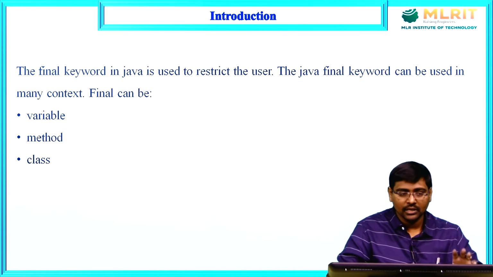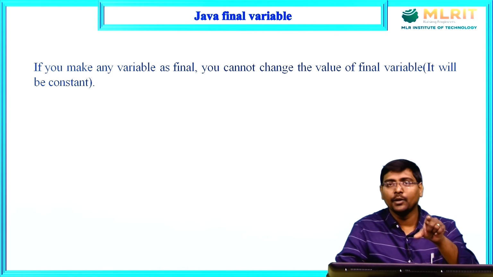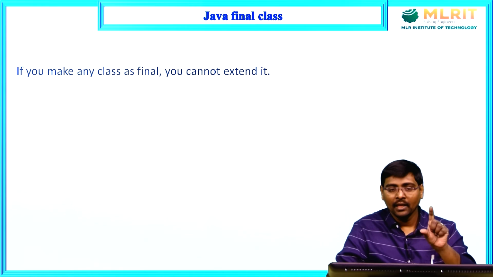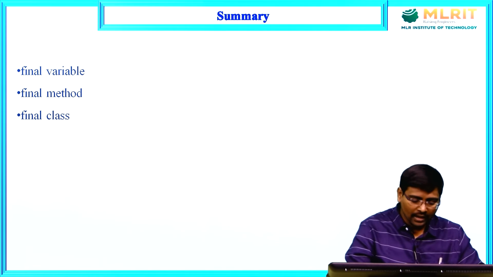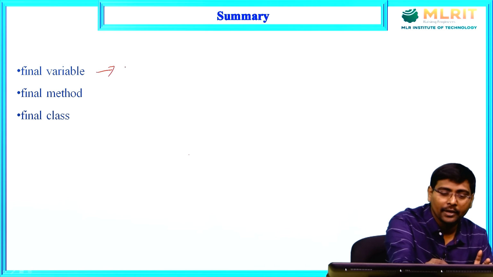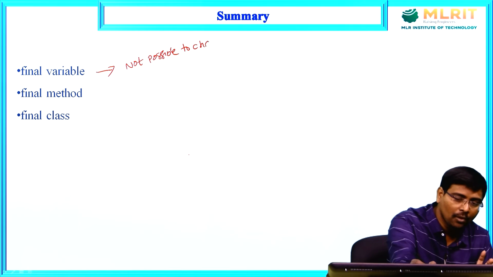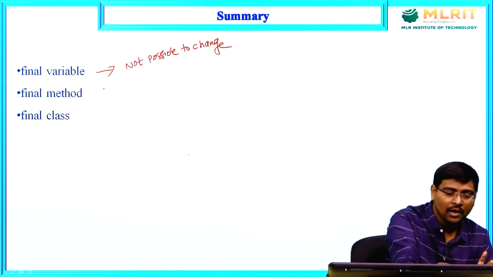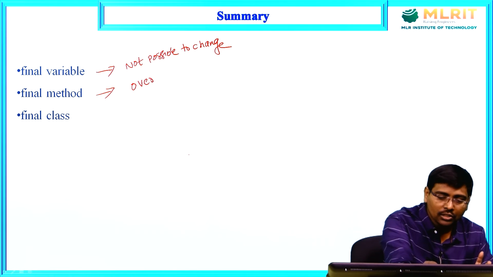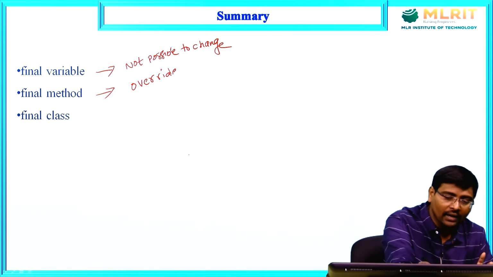Now you understand? Final is applied to a variable, final is applied to a method, final is applied to a class. Simply remember, final applied to a variable, not possible to change. Final applied to a method, not possible to override.